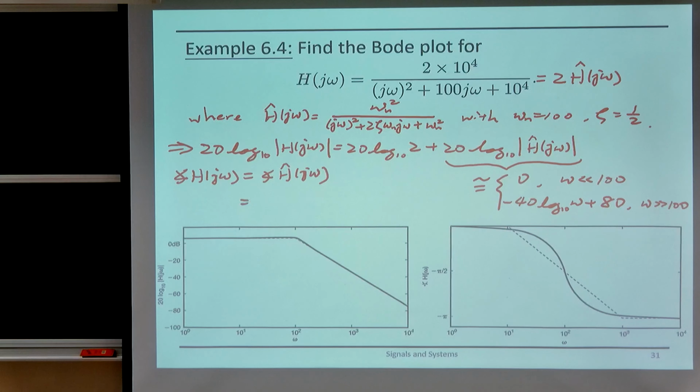And if you recall, this is 0 for omega less than 10, minus pi for omega greater than 1,000, and a straight line, minus pi over 2 log 10 omega over 100 plus 1 for omega within 10 and 1,000.